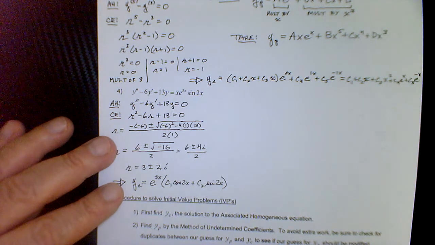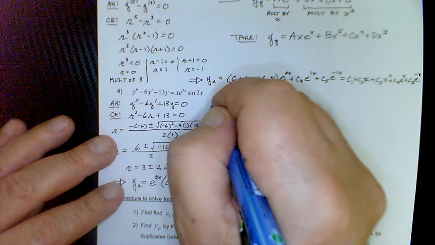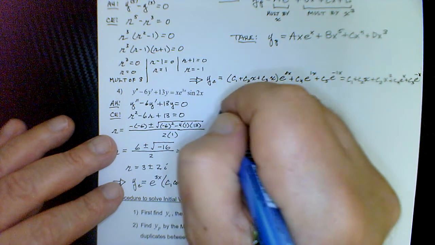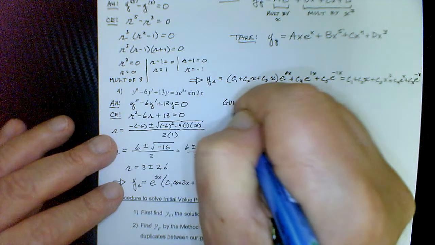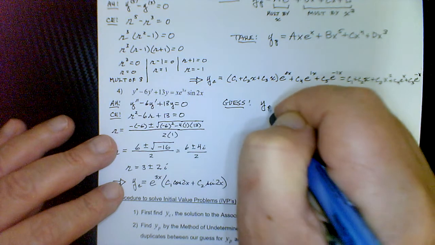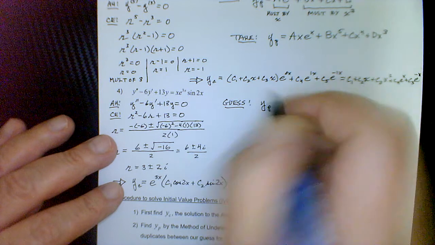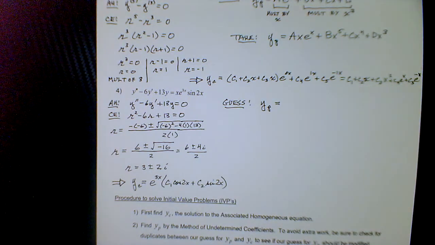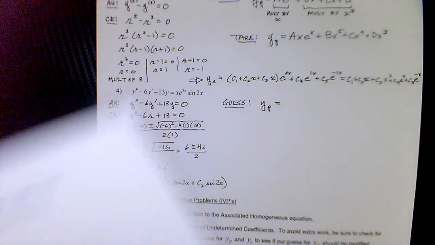Okay, so then come back up here and we guess at y sub p. And there's only one factor here, but it's pretty complicated looking because it contains an x, an e, and a sine. So this is where you might want to consider the table.